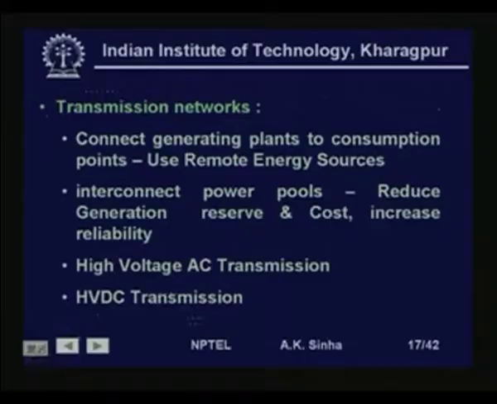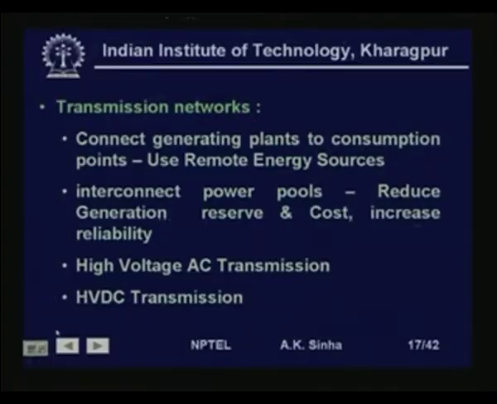This kind of transmission is what we call asynchronous ties, and this has been used in our country mostly to interconnect the different regions from each other, eastern region getting connected to western region or northern region or to southern region. These interconnections have in general been in terms of high voltage DC transmission because it has certain advantages over AC transmission.